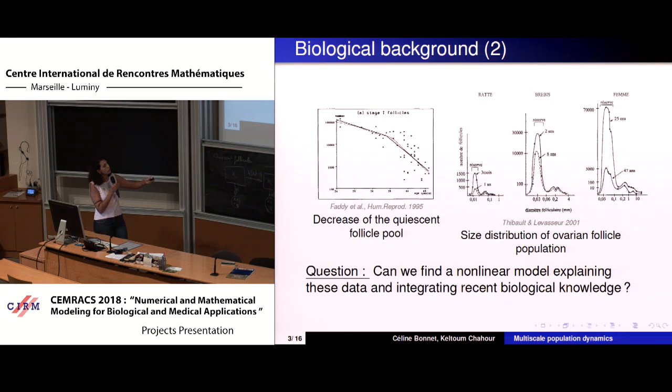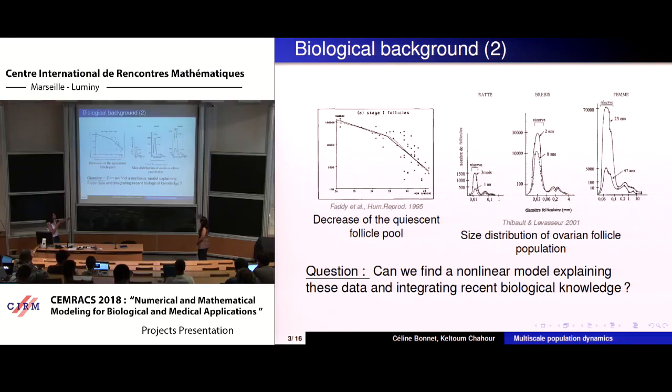On the figure on the right, we have the distribution of follicles according to size for three different species: human female, sheep, and rat. We can see that those distributions are quite similar for the three species. We have this profile with two bumps. We have to highlight two important points.